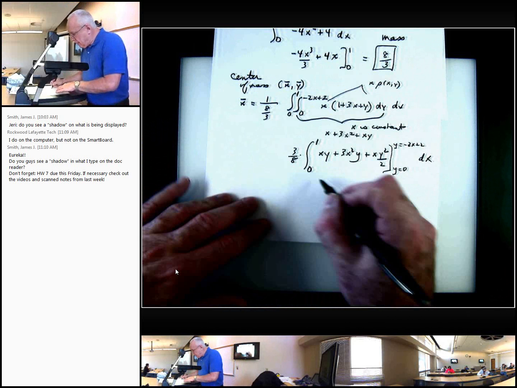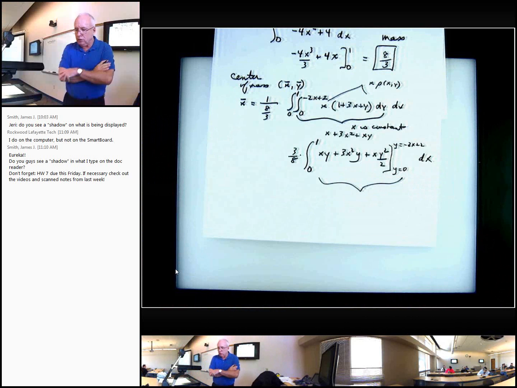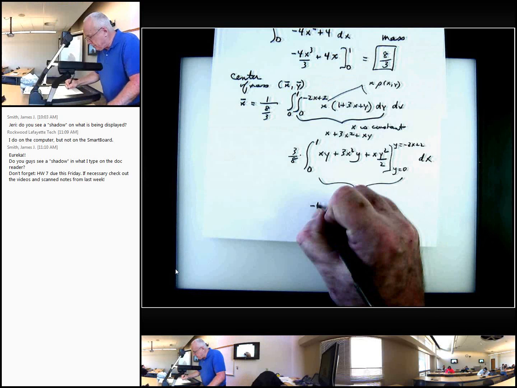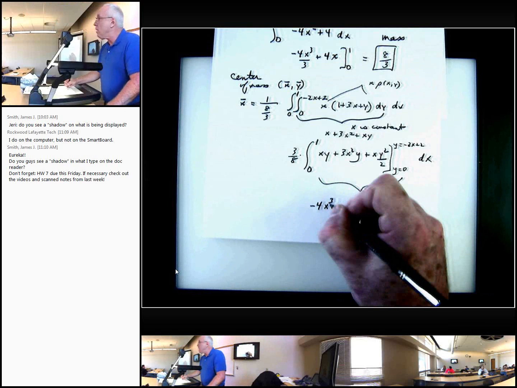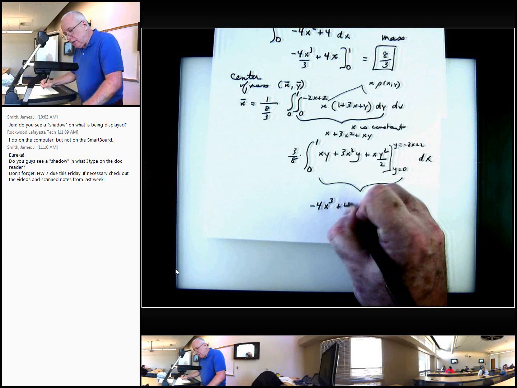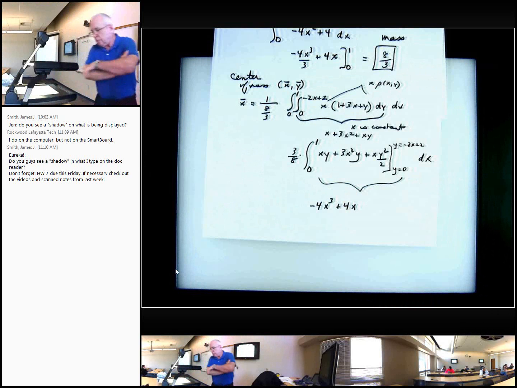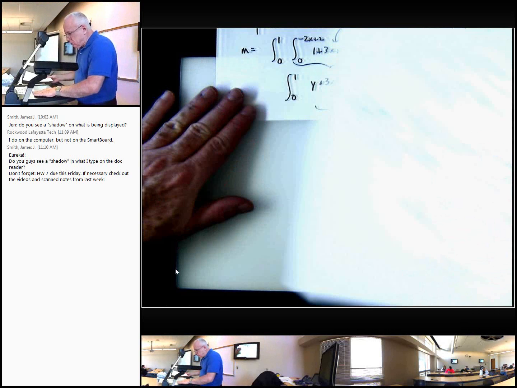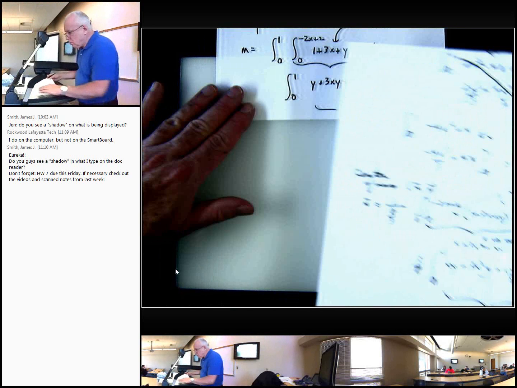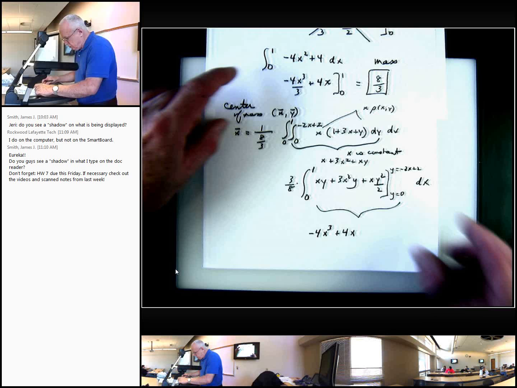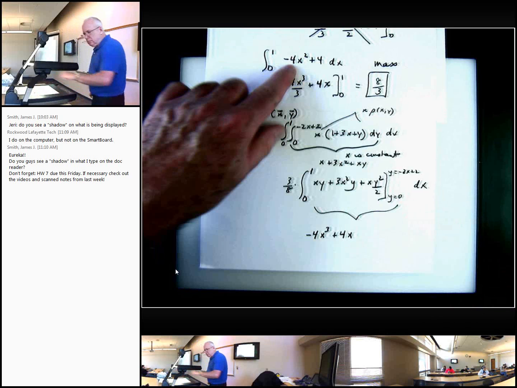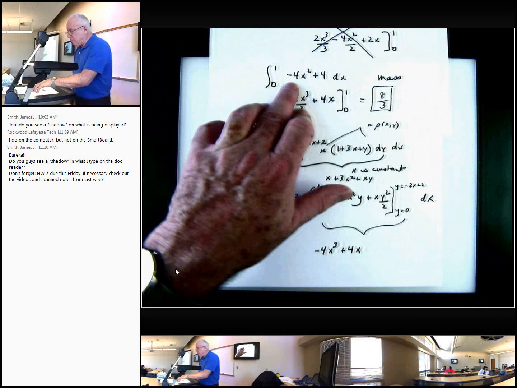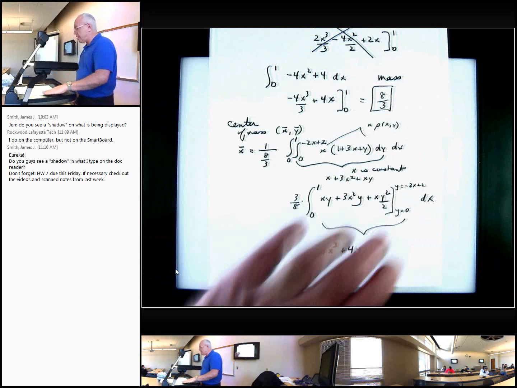Now once I plug in my upper and lower limits for y, this is what I'm going to get. Minus 4x to the third plus 4x is what we get. And that's actually just the same as we had gotten before, except notice we're multiplying by x.